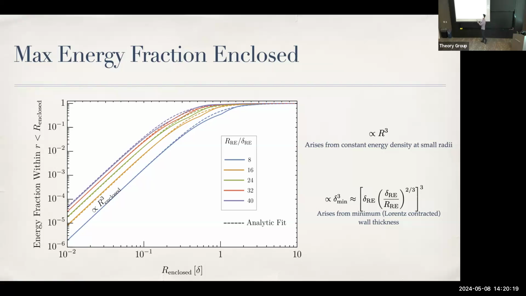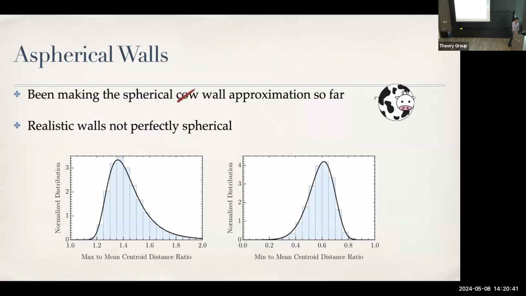And that this behavior, or how my energy enclosed increases with a given initial size of my wall from the Lorentz contraction, goes as the volume of my Lorentz contracted wall thickness, and it agrees very beautifully as shown by the dash contours compared to the solid ones. So qualitatively, that's how to understand what is happening here for the perfectly spherical case.